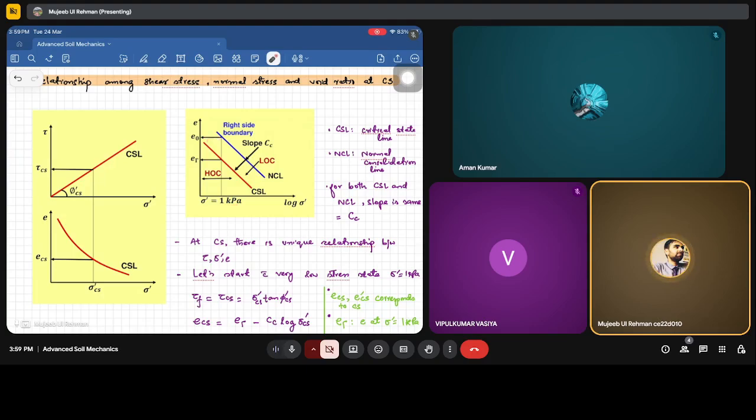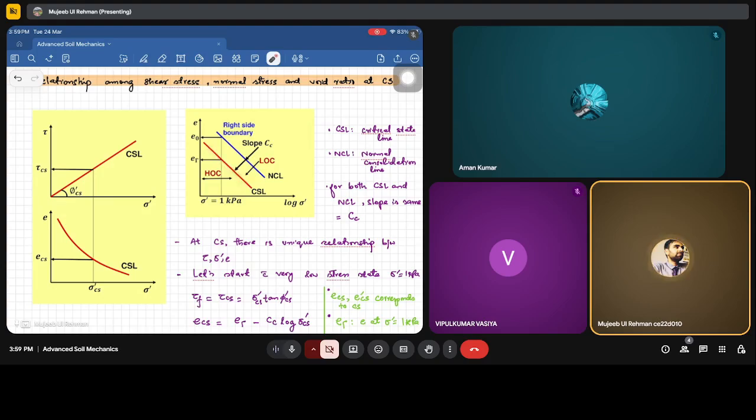Now we want to determine the tau_cs and the e_CS corresponding to this. If you know phi_cs, tau_cs is straightforward: tau is equal to sigma_cs tan phi_cs. Now e_CS can be determined from e_gamma and the slope of this line.